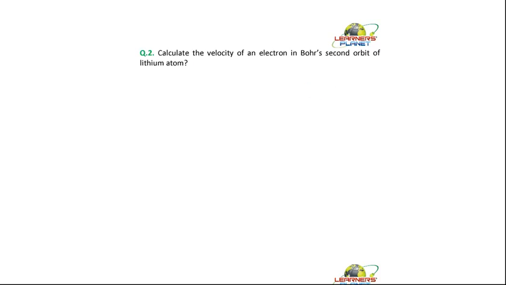Had you known that, you would have applied the formula Vn is equal to V0 into Z divided by n, and this would have been the shortcut.